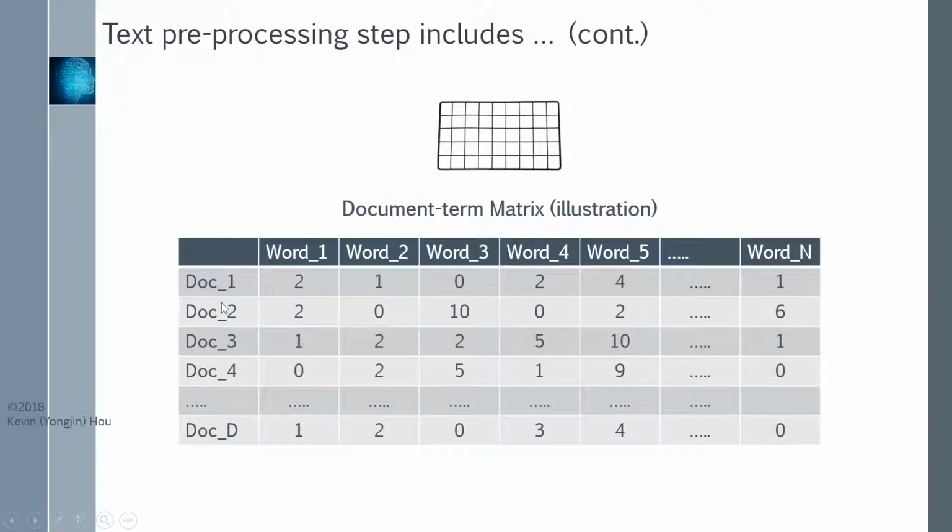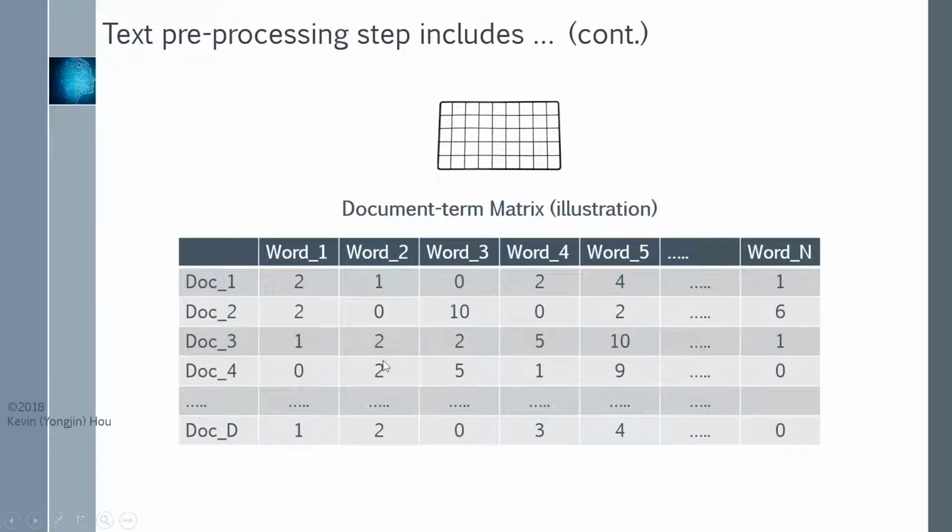Then we have d number of documents, and as an example the first row here shows that document one has two instances of the first word, one instance of word two, 0 for word 3, and 1 for the last word n.